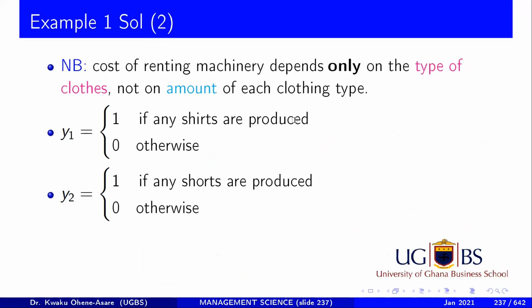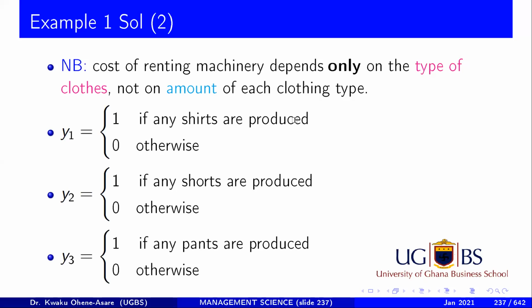But you don't buy it if you know very well you're not going to produce any shirt at all. So these become the other decision variables you have to add. Anytime you're doing a fixed charge analysis, you're expecting some binary decision variables like this. Of course, this will also go into the constraints as a binary, 0 or 1, constraint.